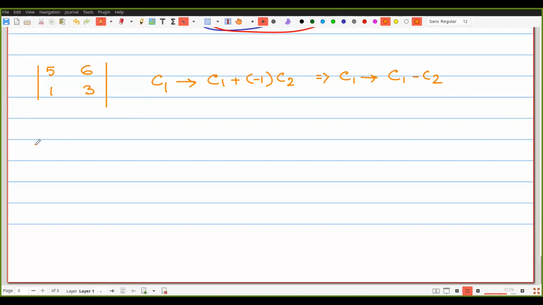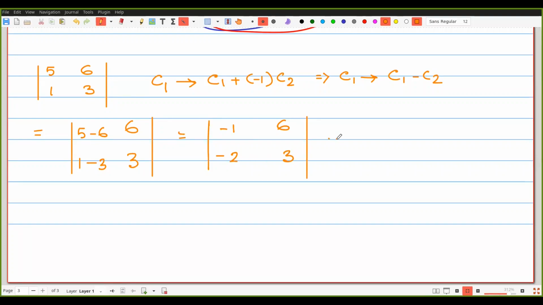So what is happening here? The second column is unchanged. First column, column 1 minus column 2: 5 minus 6, and 1 minus 3. So the result is minus 1, 6, minus 2, 3.